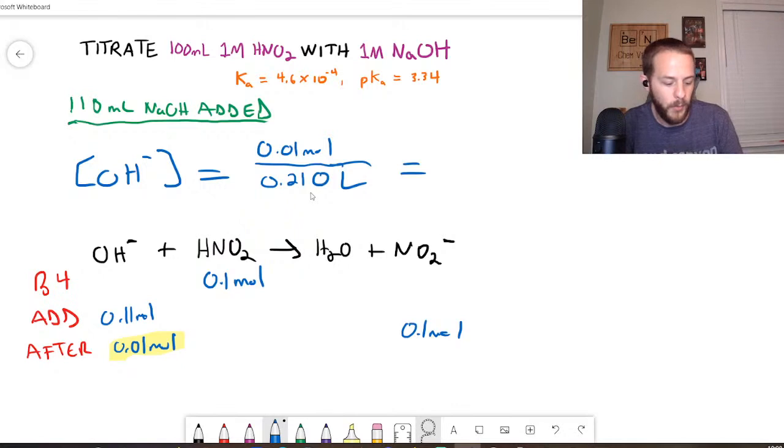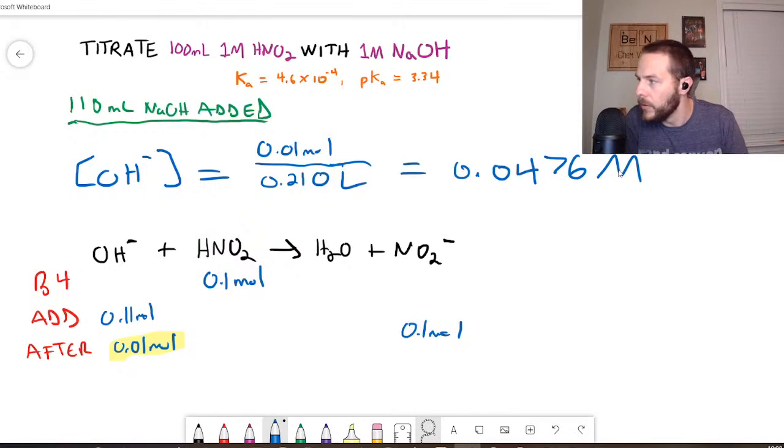Let me calculate that one real quick. 0.01 divided by 0.21. That ends up being 0.0476 molar. 0.0476 molar is what I got.